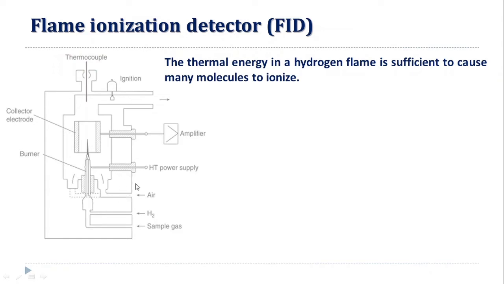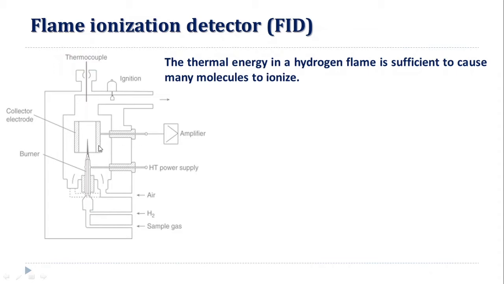The potential is applied to the jet itself as a cathode. So this is the cathode, and the second electrode is located around the flame, that is the anode. So this is the anode, the second electrode. The burner jet is a negative electrode, while the anode is usually a wire or a grid extending into the tip of the flame.